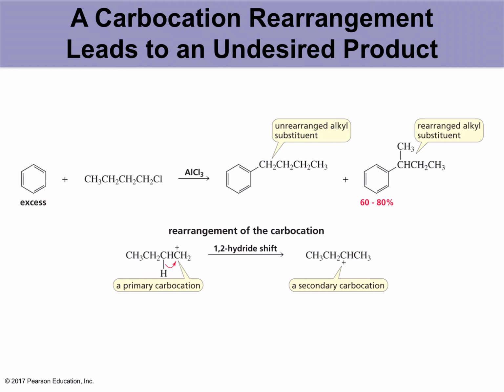Now sometimes when you try to do alkylation, there is a possibility that carbocation rearrangement can take place. For example, let's say you use this benzene, we take an excess amount for the reason that we talked about, and we want to add this alkyl group. How many carbons do we have? 1, 2, 3, 4 carbons, butyl chloride with aluminum chloride.